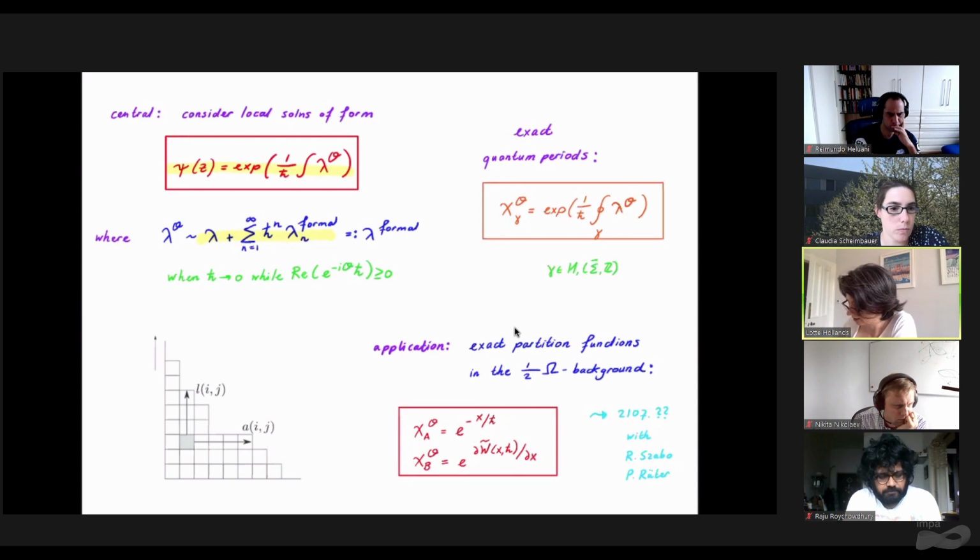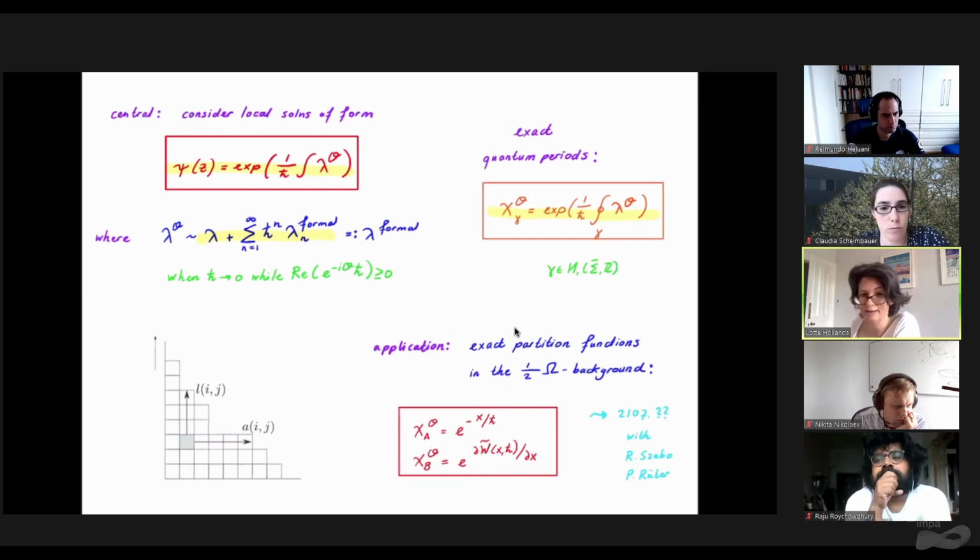So once you find these local solutions, you can extract the so-called quantum periods, which are sometimes called Rho periods, which are really period integrals of this one form lambda theta over a one cycle in the spectral curve sigma.